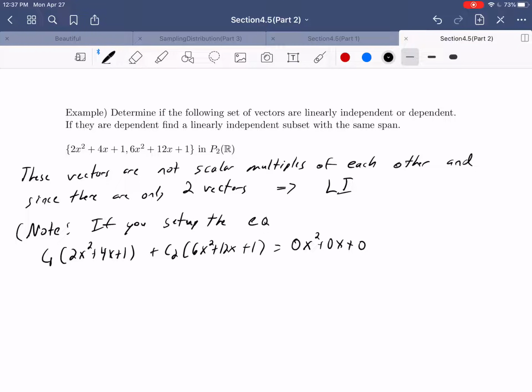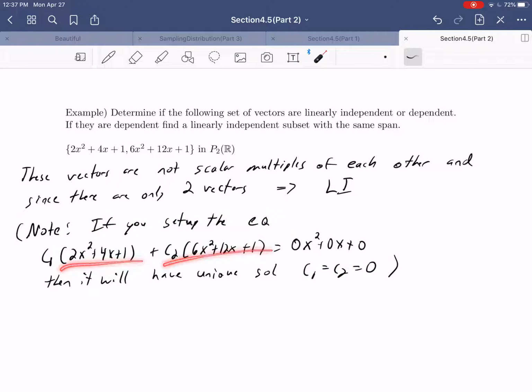If you set up this equation, it will have the unique solution c1 equals c2 equals 0. So you can check this example with the old method of setting up this homogeneous equation and find out that it has a unique solution.